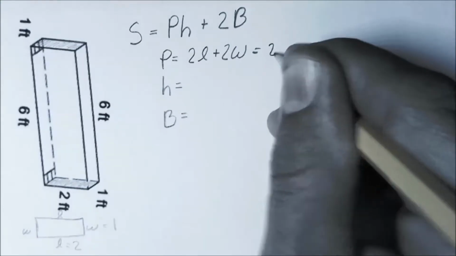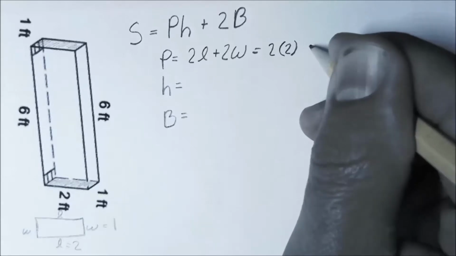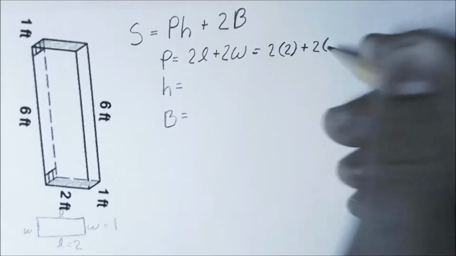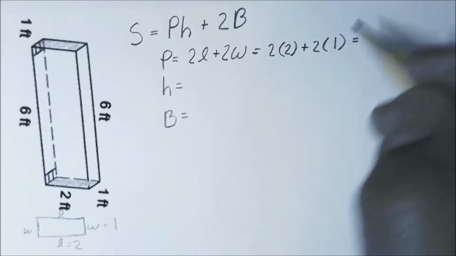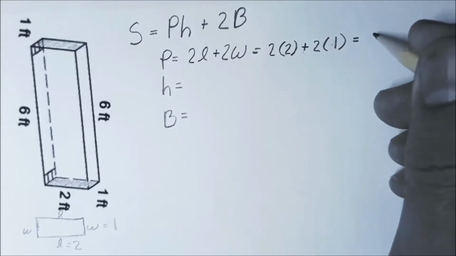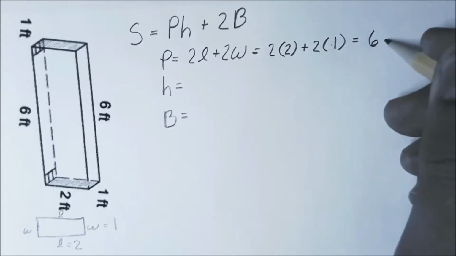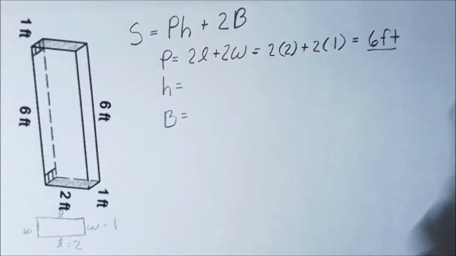So I can go, okay, well, 2 times my length, which is 2 feet, plus 2 times my width, which is 1 foot, is equal to, and that'll give us 2 times 2 is 4, plus 2 times 1, which is 2, so that's 4 plus 2, that gives me 6 feet. So when we're looking at the perimeter, our perimeter is 6 feet. So if we were to walk around this entire rectangle, it would be 6 feet. We'd have 2 feet here, 1 foot, 2 feet, and then another foot.